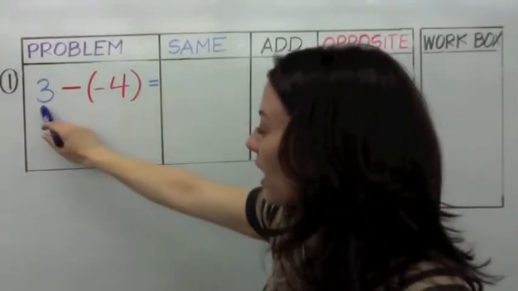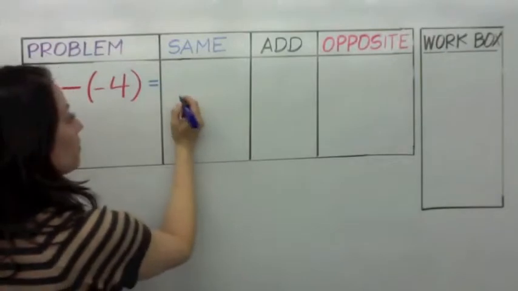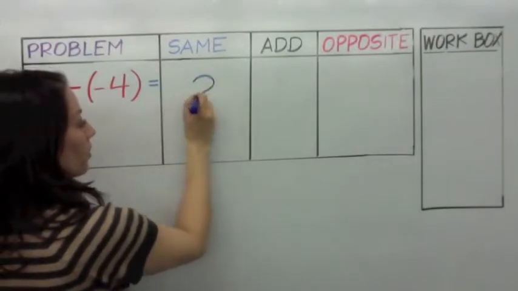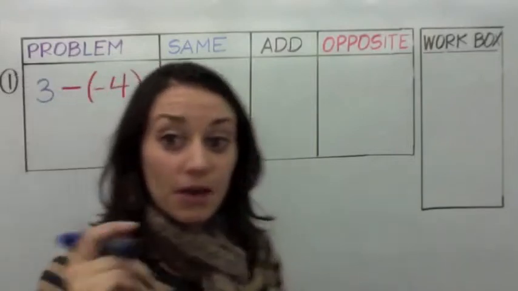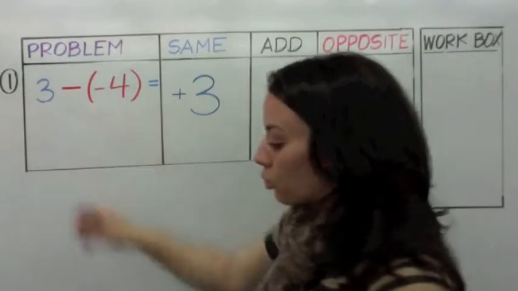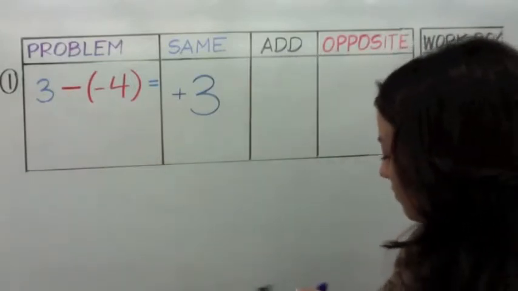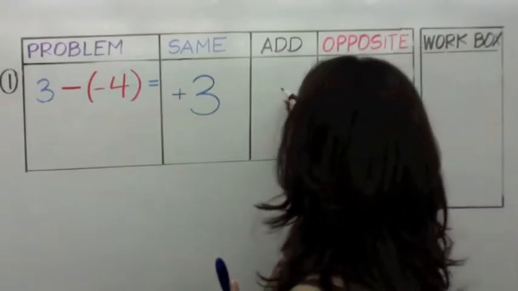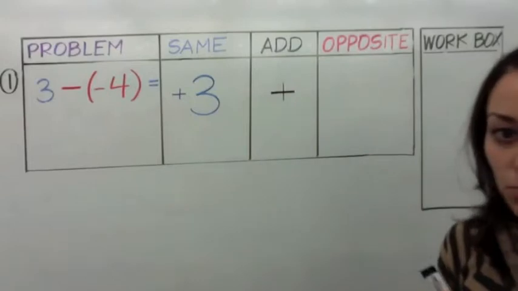We're going to write the same integer right here. This is positive 3. You could write it as 3 or positive 3. They're the same. Now we're going to change the subtraction sign always to addition, so we can add these integers instead of subtract.